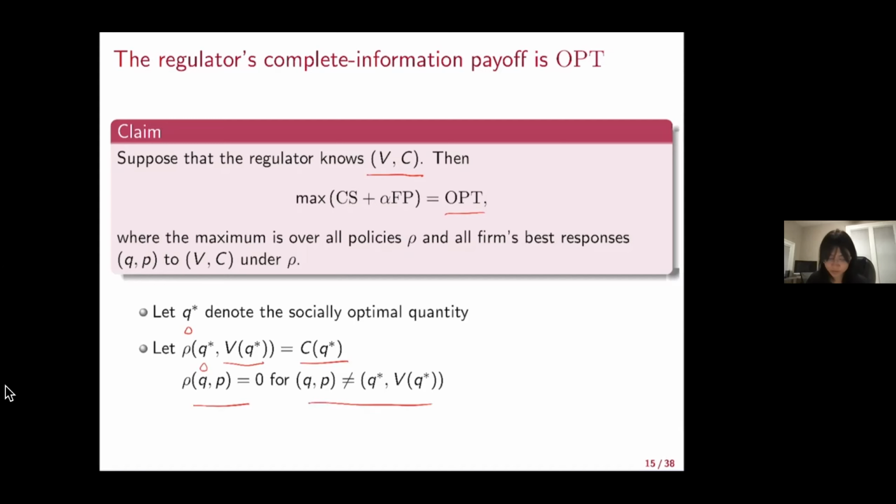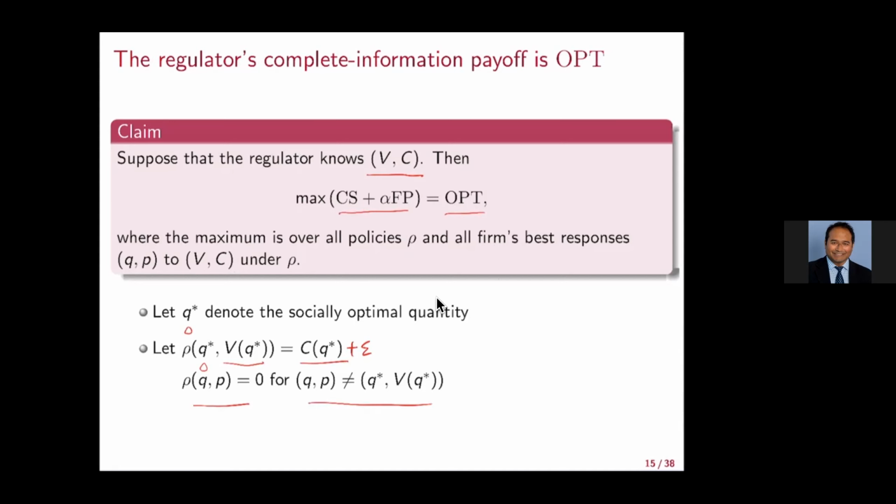In fact, you can put an epsilon here, so that the firm is strictly willing to do the efficient thing. And in this case, the maximum total surplus is generated, and all of this surplus goes to the consumers. This is why, even though the regulator's payoff depends on alpha, the maximum total surplus is independent of alpha, because all the surplus goes to the consumer. Question?